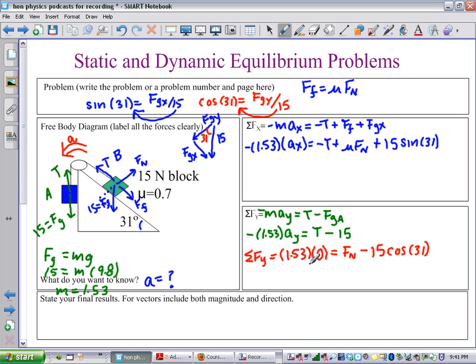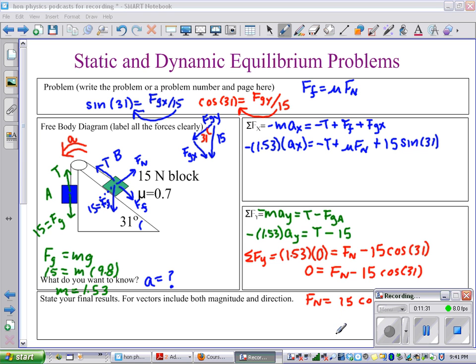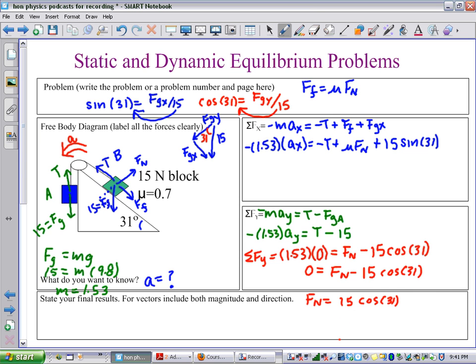This whole side is 0. I can move this over. And this is 12.86 newtons. So, I know what Fn is.